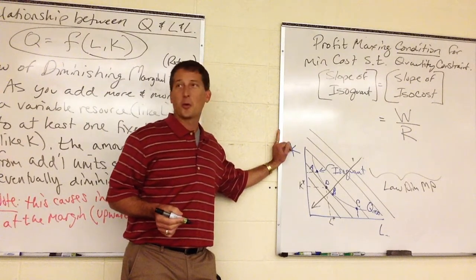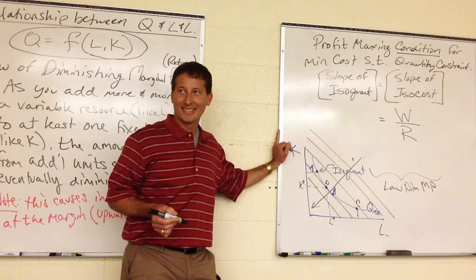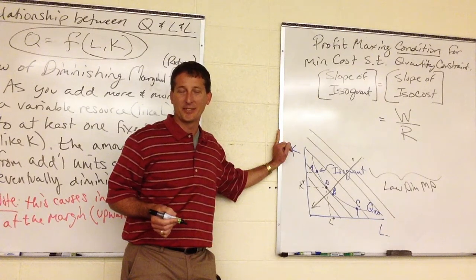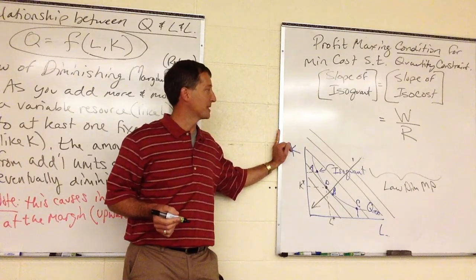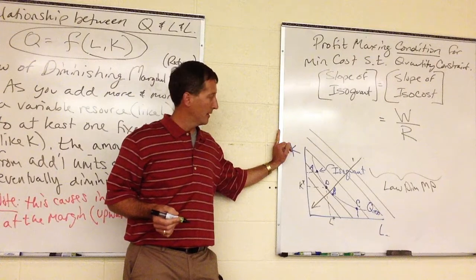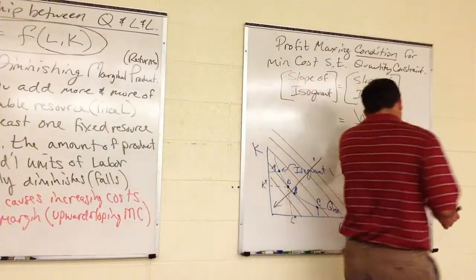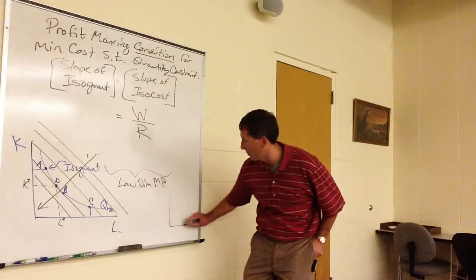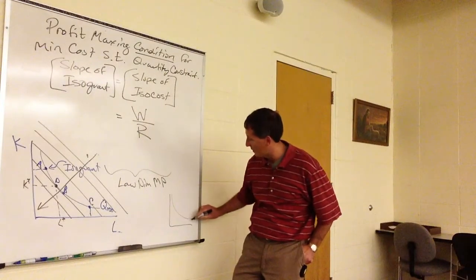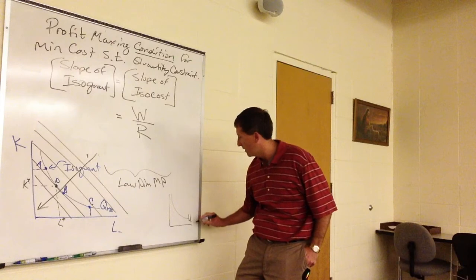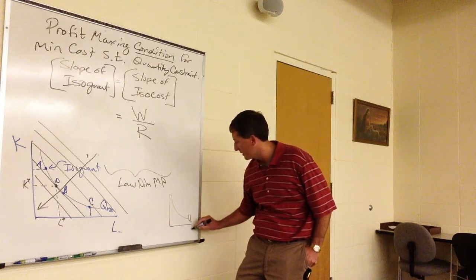The slope of the isoquant we haven't talked about yet. We did a little bit, but not specifically the slope of it. But you tell me what the slope of the indifference curve was. So this is beer and pizza now.